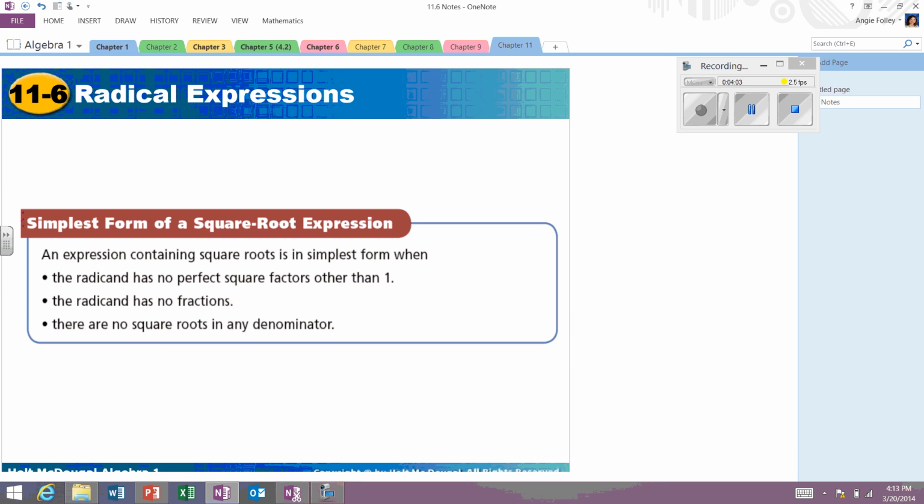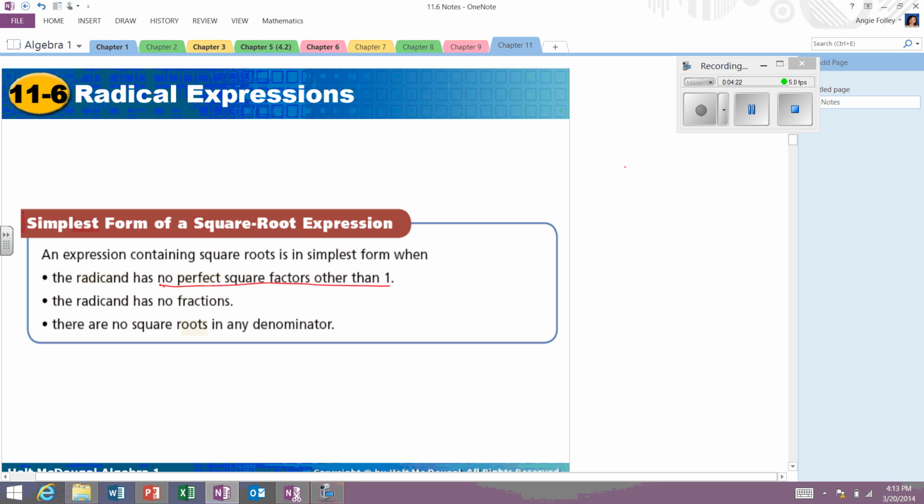Okay, things we need to check off to make sure that a radical has been simplified as far as it possibly can go, meaning we can't simplify it any further. We want to make sure that first and foremost, the radicand, meaning what's under the square root, has no other perfect square factors other than 1 that can go into it.